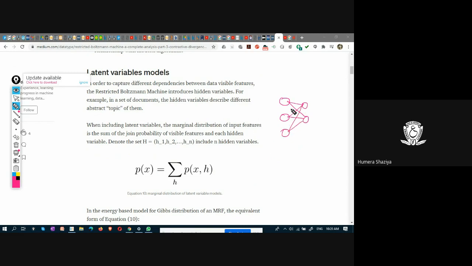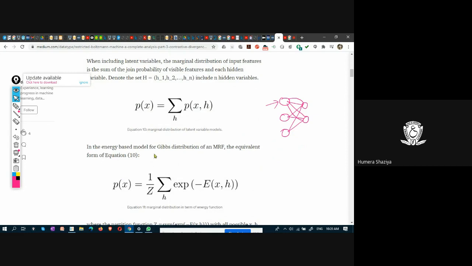So this and this connection plus this and this connection. So this is summation over every hidden. All right, that gives this probability. Likewise, we do for this one and this one.